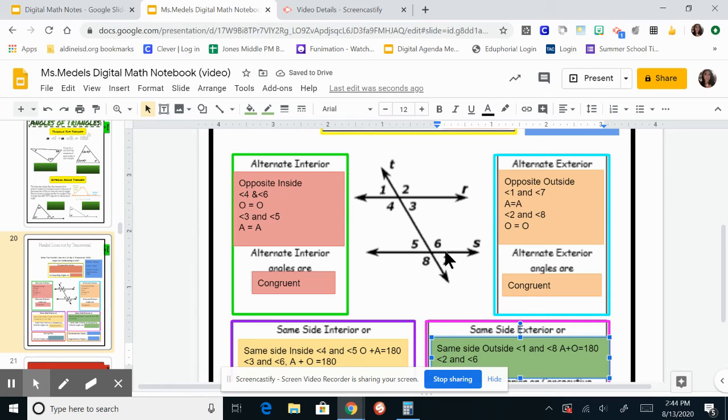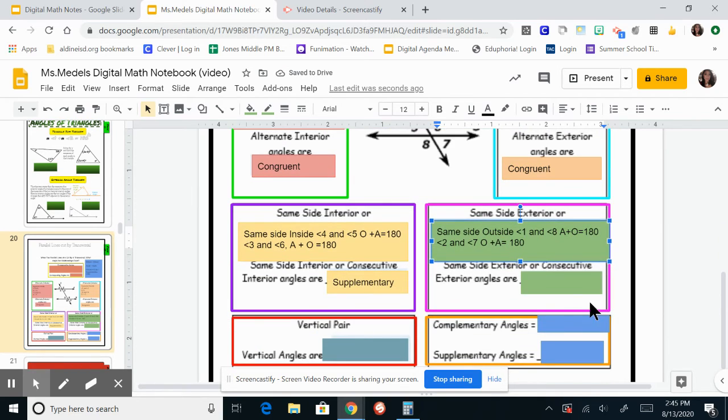Angle 2 is an obtuse angle, but, or it is not 6, it is 7 because we are on the outside. I apologize, we are on the outside, so that's angle 7. Angle 7 is acute. So they are going to equal 180. Since they both equal 180, that means that the same side exterior angles are going to be supplementary.